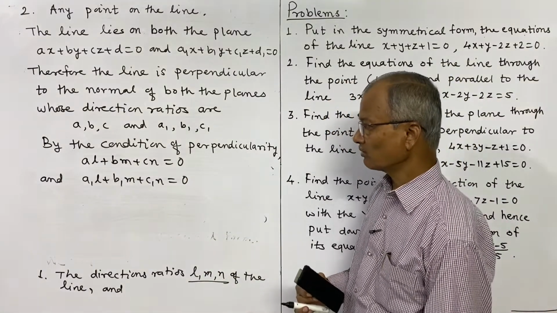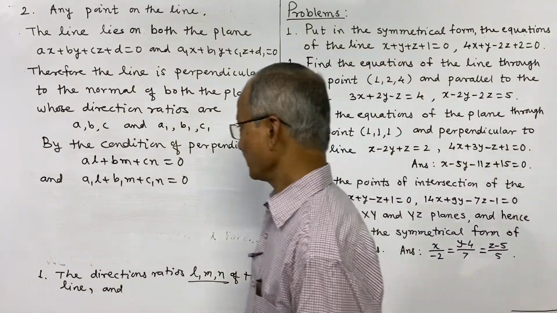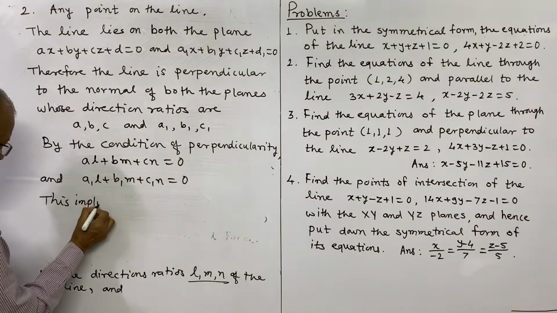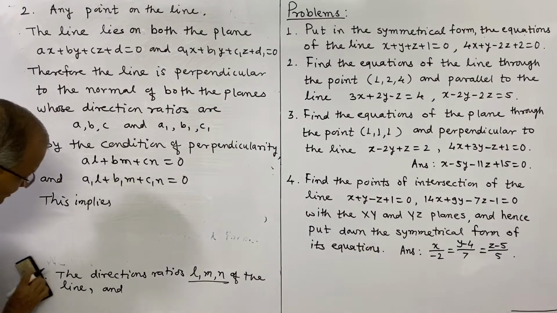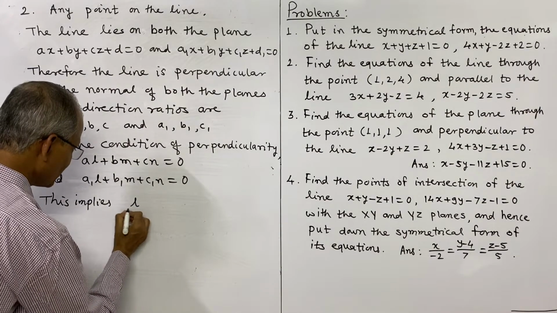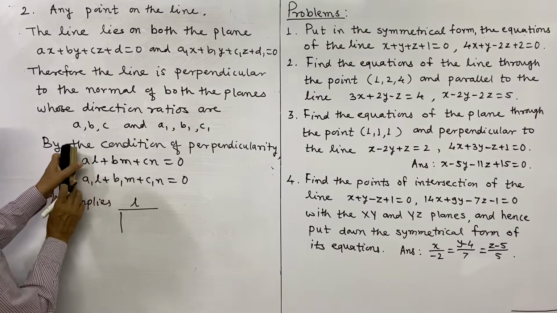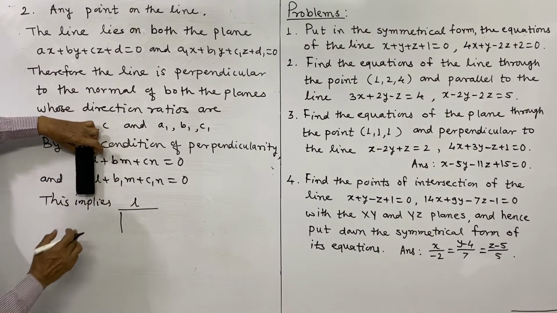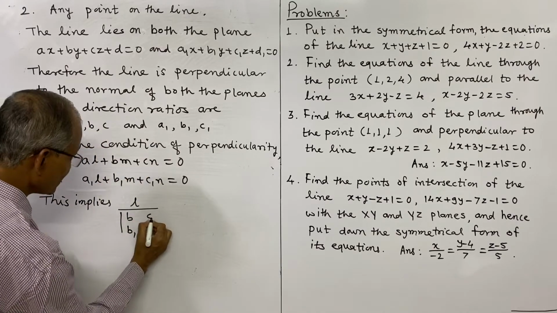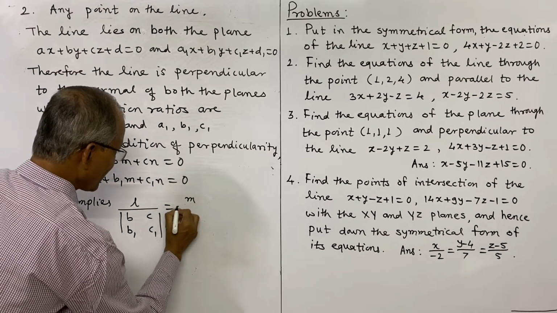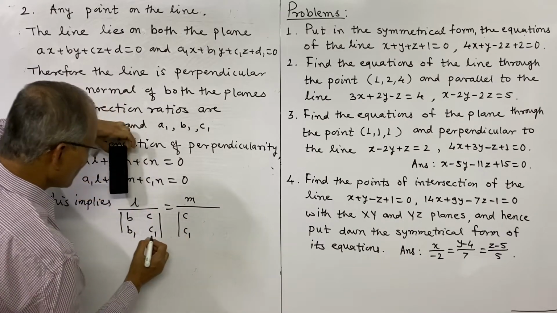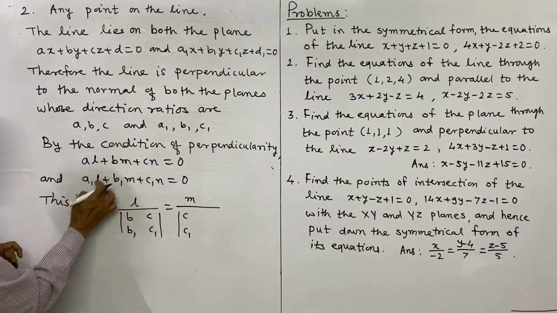From this we have to find the proportional values of L, M, N. So we will solve the two equations, and by Cramer's rule, this gives L divided by, we hide the first terms and then write the coefficients of M, N column-wise: B, B1, C, C1, is equal to M, and we hide this, but we write this column first, C, C1, or we have to write a negative sign and then the column A1, C, C1.